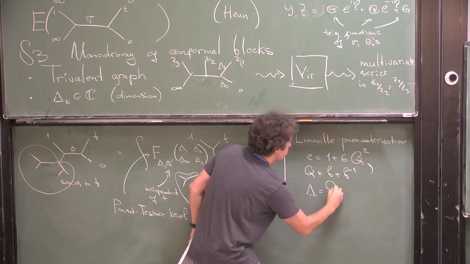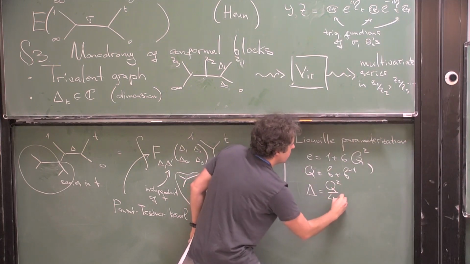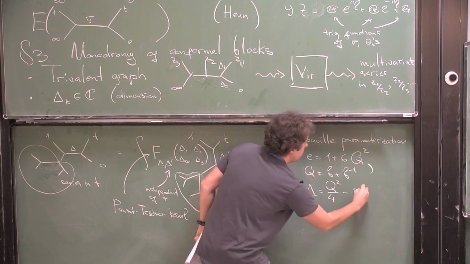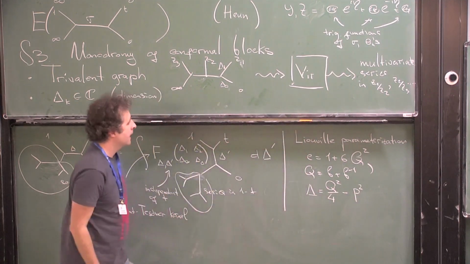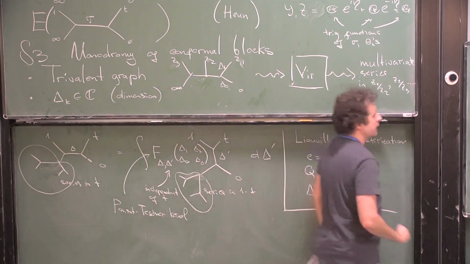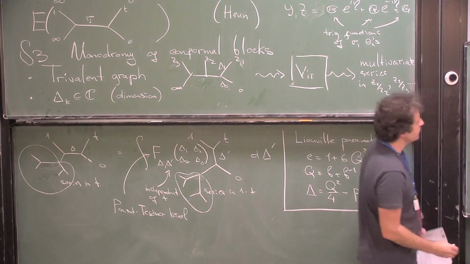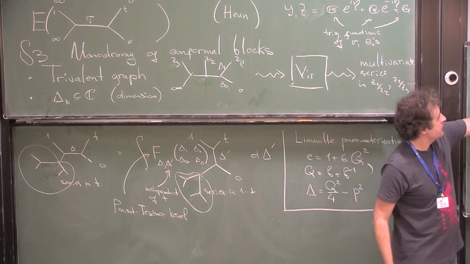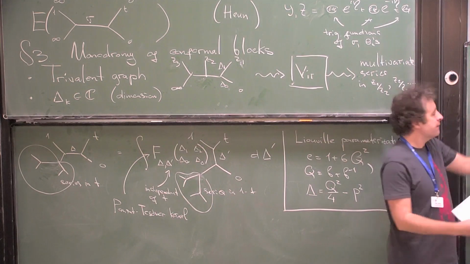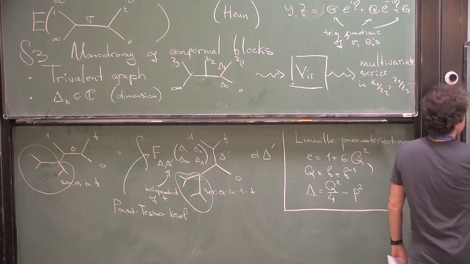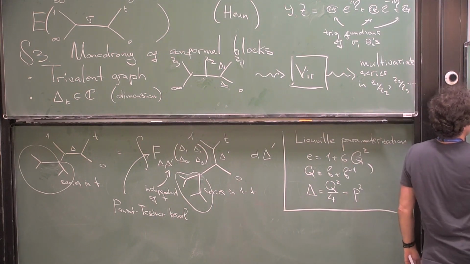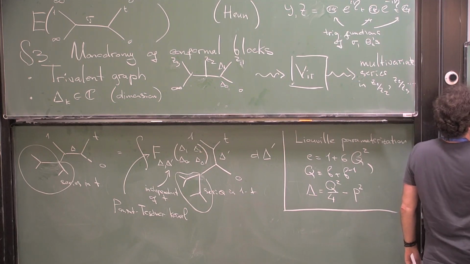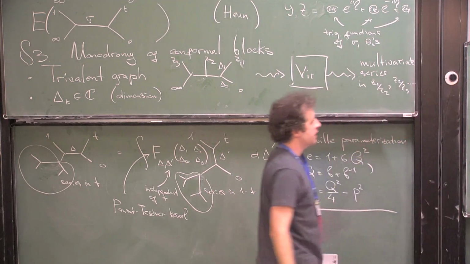So deltas will be Q squared over 4 minus P squared. Right, and so the main property of these degenerate fields is that we can only have two possible dimensions in the intermediate channel.